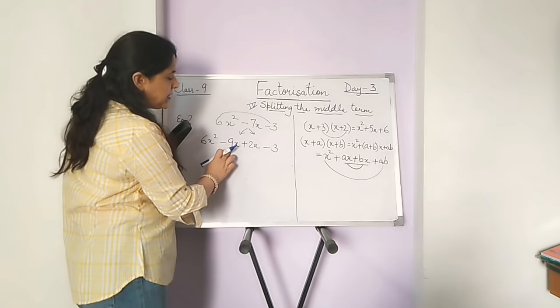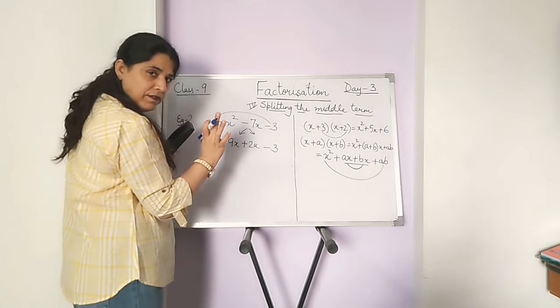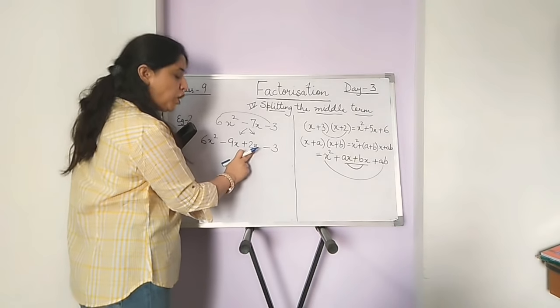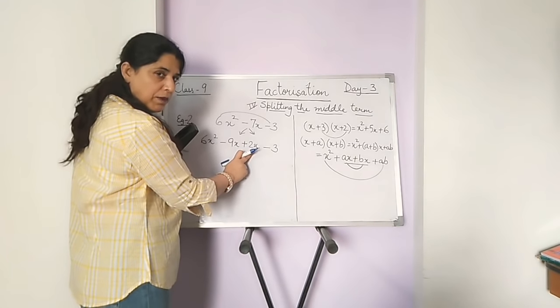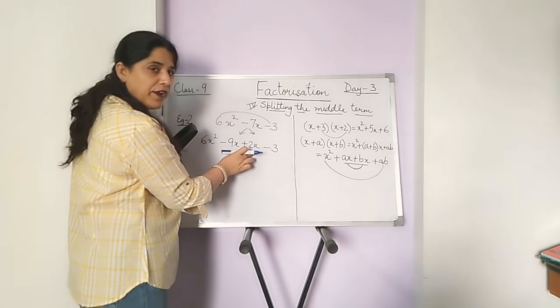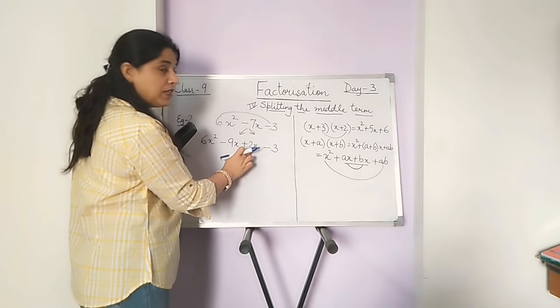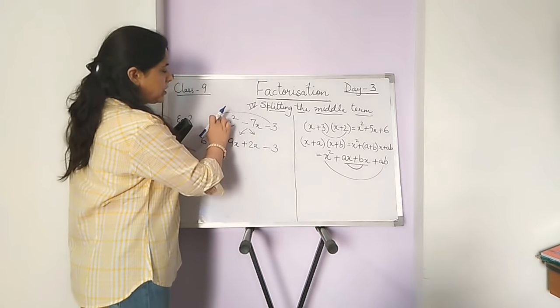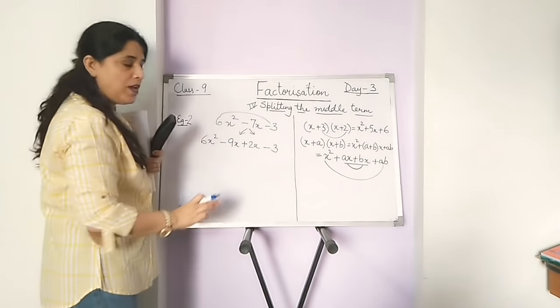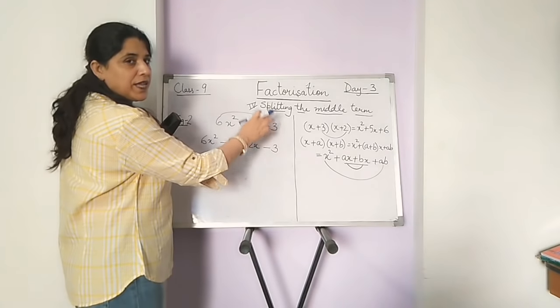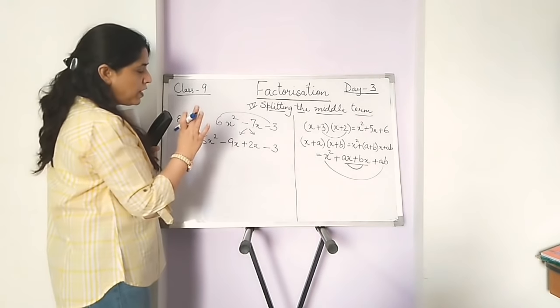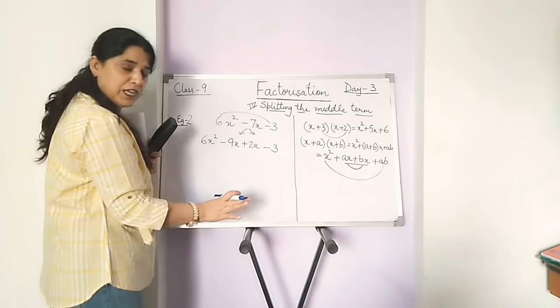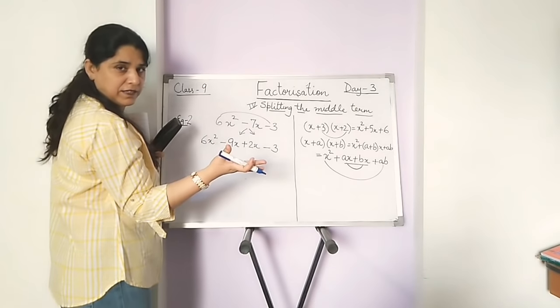Okay, minus 9 plus 2 is minus 7, and minus 9 into plus 2 is minus 18. Getting my point? Just check the product. Minus 9 with the sign, plus 2 is minus 18x squared. Now see, first term and last term, if you multiply, you get 6x squared into minus 3, that is minus 18x squared. Only when you get this will you proceed further, otherwise think of other factors.